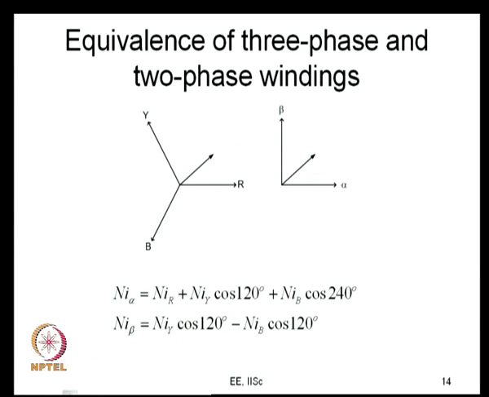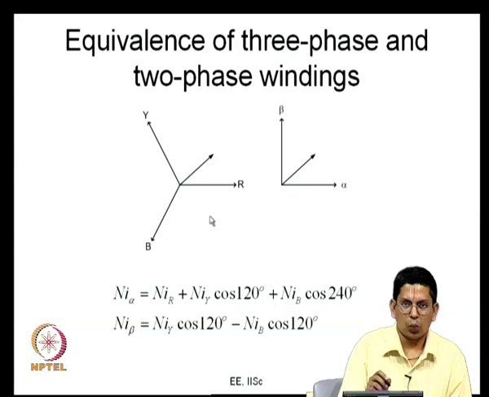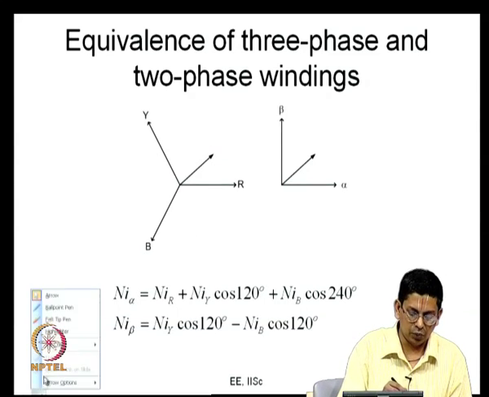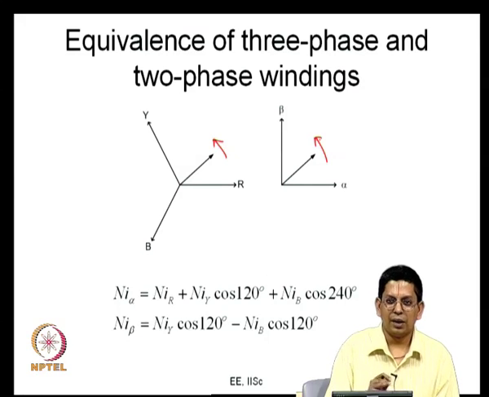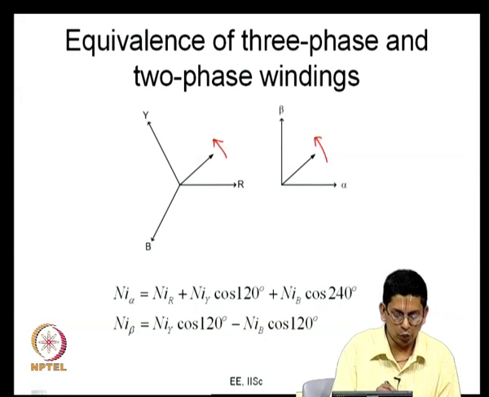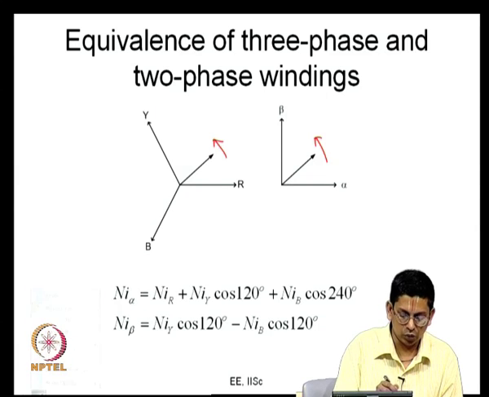Let us go a little further now. I have shown the 3 phase axes R, Y, B simply as lines here, and this is the revolving MMF that I pointed out earlier. A corresponding revolving MMF can be produced here. Let us write down the equations. If you really want to do that, what should you be doing? The 2 MMFs are supposed to be equal. What are the 2 MMFs?